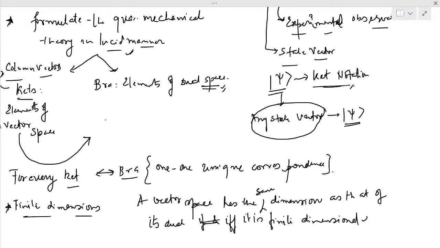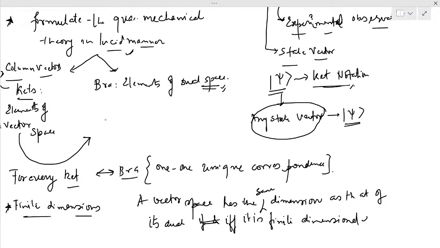The reason is that in quantum mechanics, the wave function's psi mod whole square represents the probability density. The integration of psi mod whole square represents the probability of finding the particle somewhere, and it has to be equal to 1.